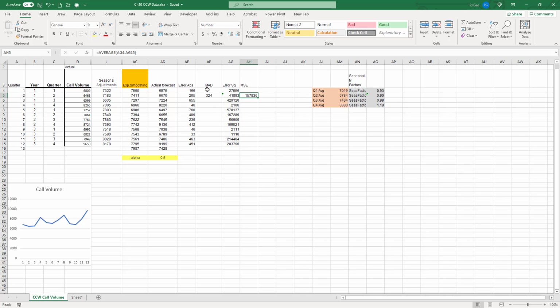So we have a MAD of 324 and an MSE of 157 or 158,000.